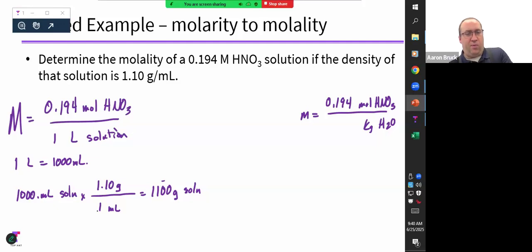This is where the 0.194 comes in. 0.194 moles of nitric acid.